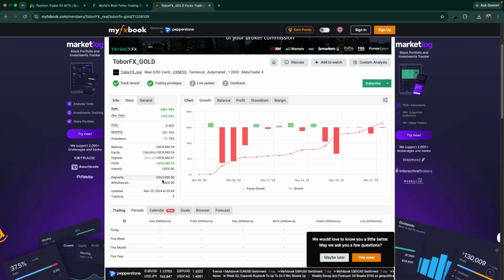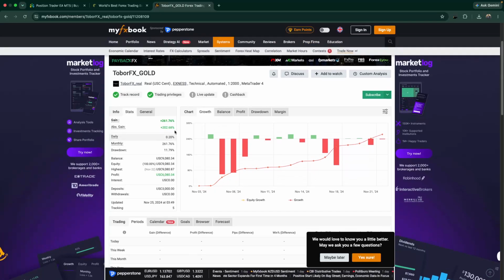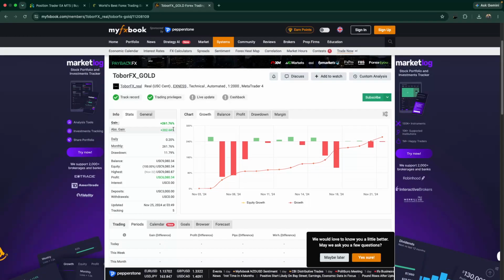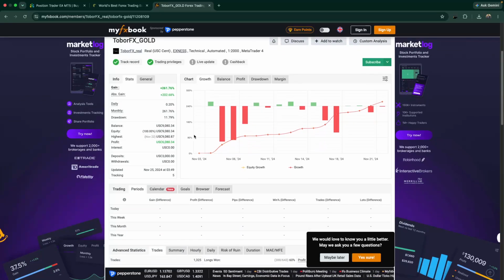Initial deposit was 3,000 Canadian US dollars, and the profit gained was 6,000. So basically, it's a very nice gain considering the fact that gold is volatile and gold can have its excesses and its moments.